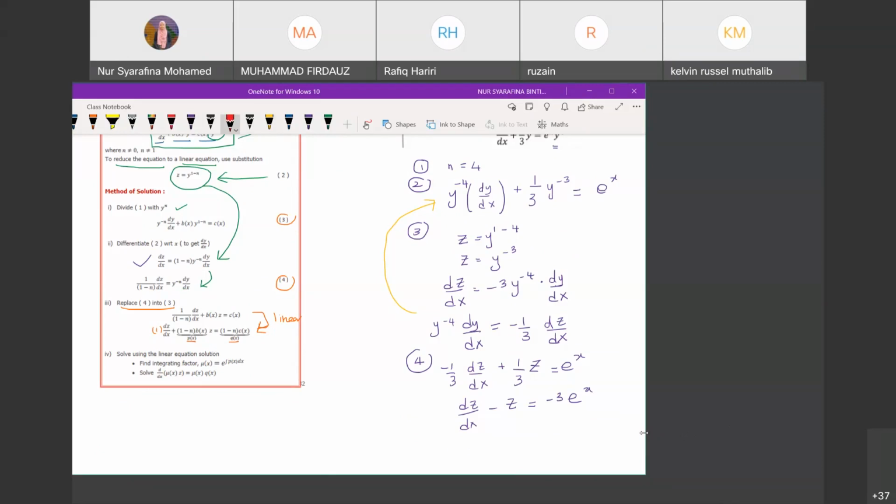Yes. Okay, so the coefficient of dz/dx now becomes 1. You have z, you have -3e^x. So since this is linear, you have to identify your p(x) and q(x). What is your p(x) here?